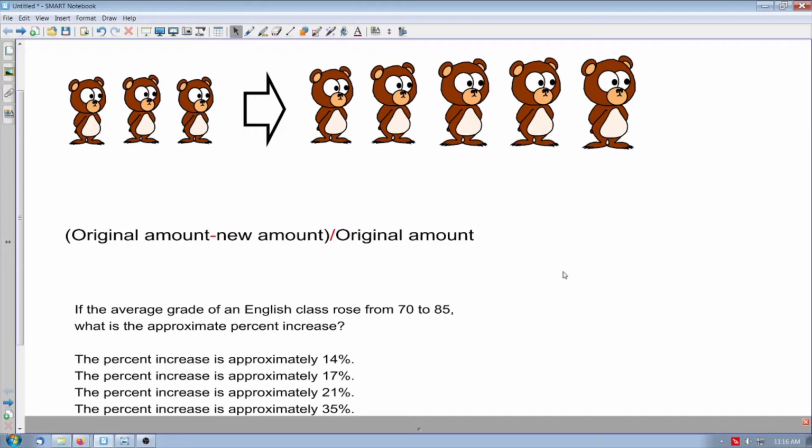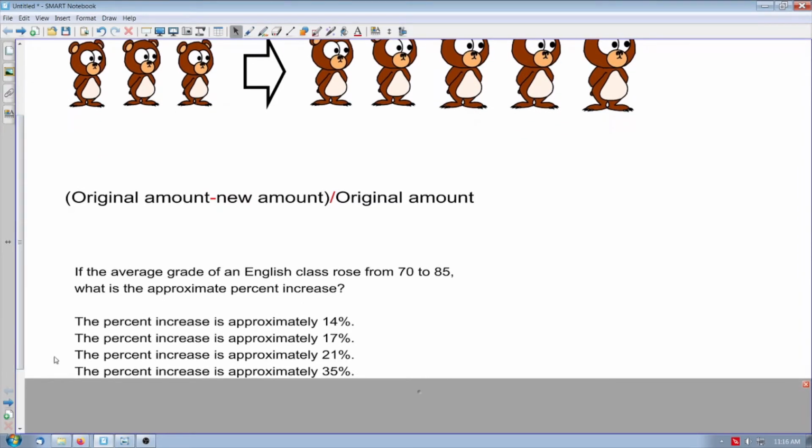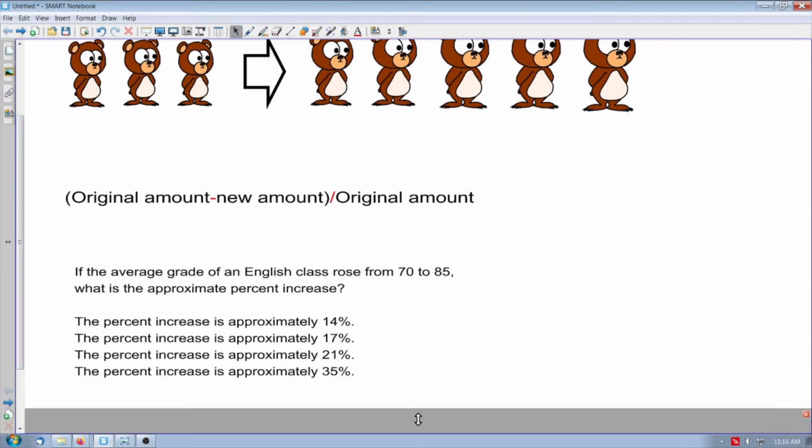So our question is, the average grade of an English class rose from 70 to 85. What is the approximate percent increase? So I'll go ahead and calculate that on the side using our formula, just plugging in values and showing you the steps on how to do that.